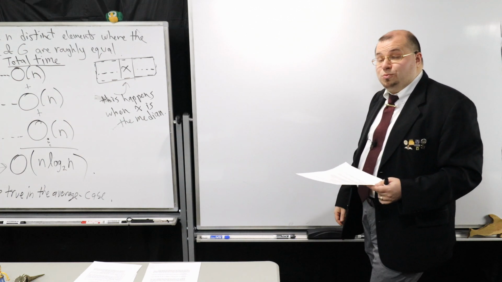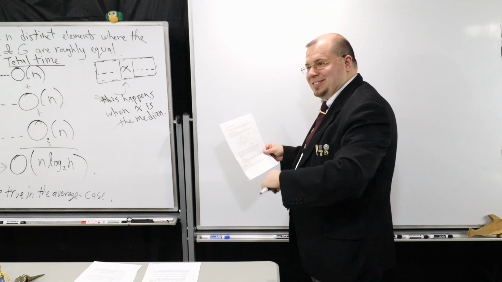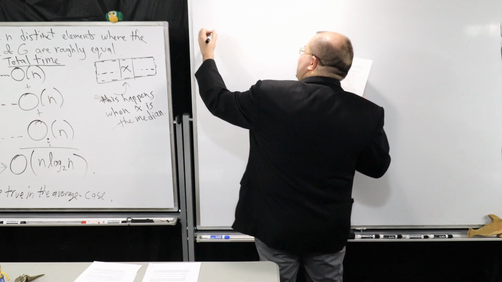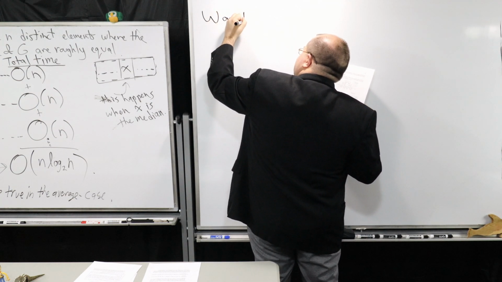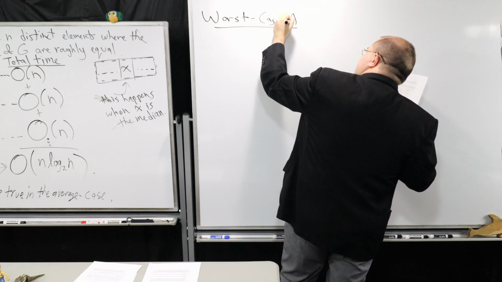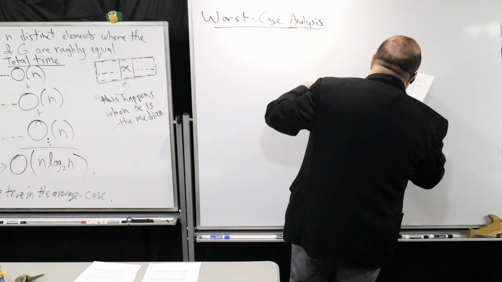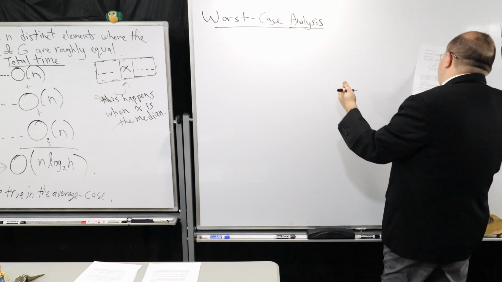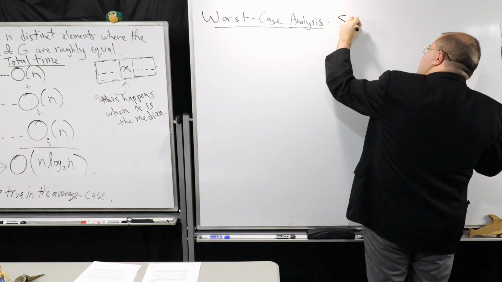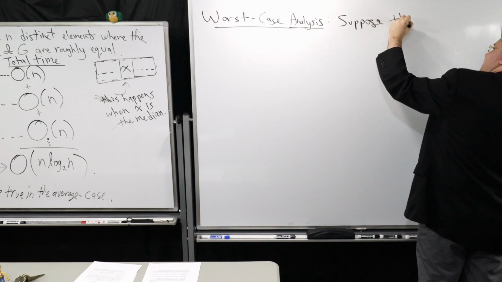It actually occurs when the array is already sorted, if you actually pick the pivot to be the last spot. So let's talk about the worst case. So, worst case. Suppose the last element is the pivot.